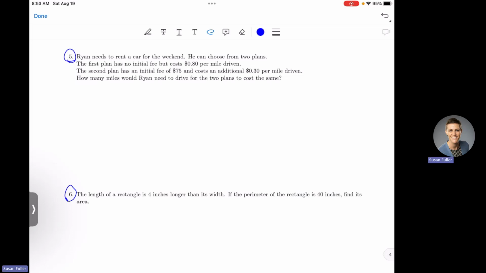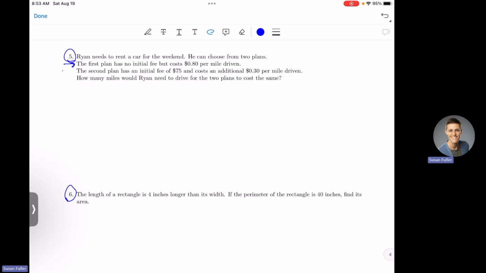Okay, so Ryan's renting a car and he can choose one of 2 plans. Either he doesn't pay anything up front, you don't pay anything for the rental, but you do have to pay 80 cents per mile that you drive.